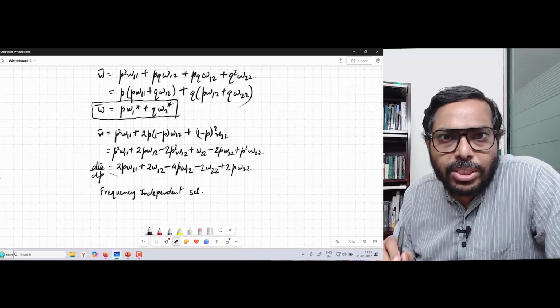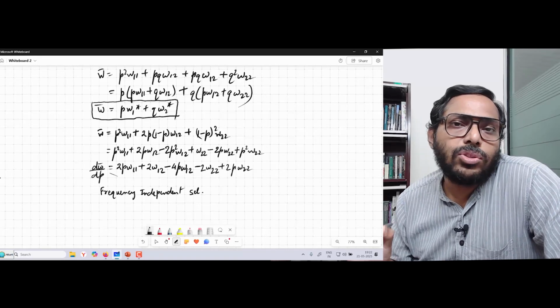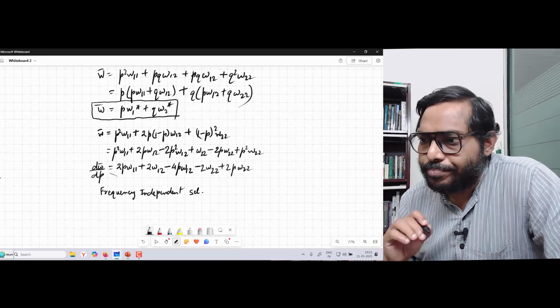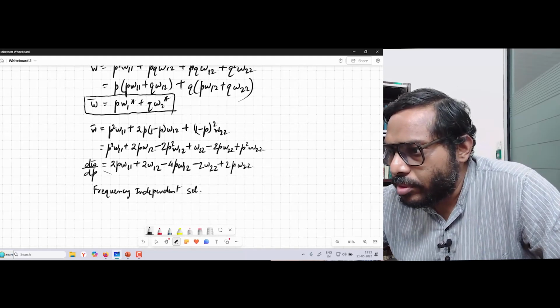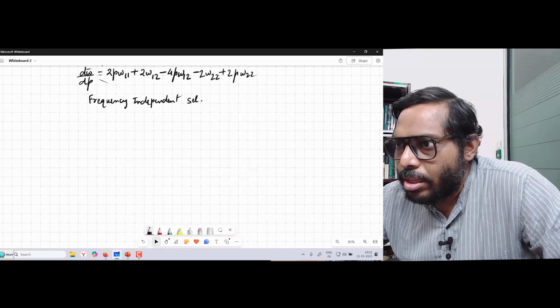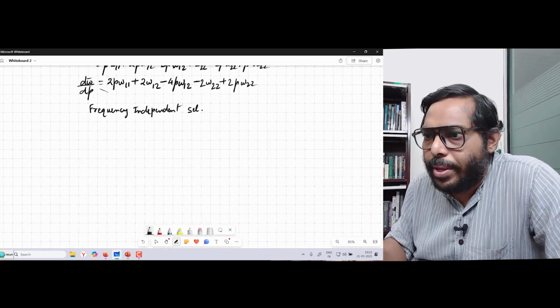Frequency independent means that the values of W11, W12, W22 do not depend on P. So, if that be the case, let us go forward. This is my dW bar dP.